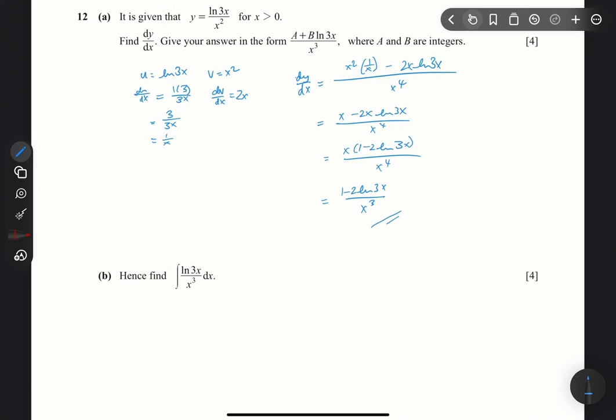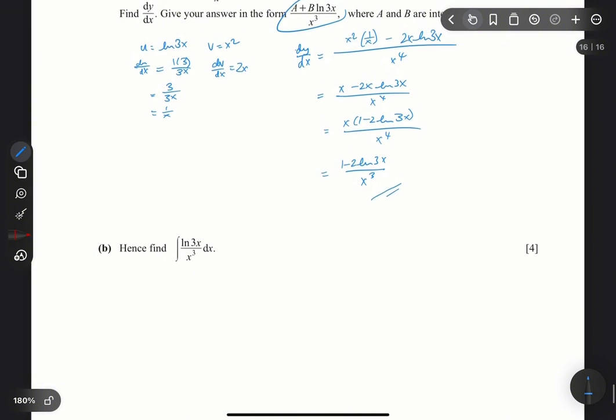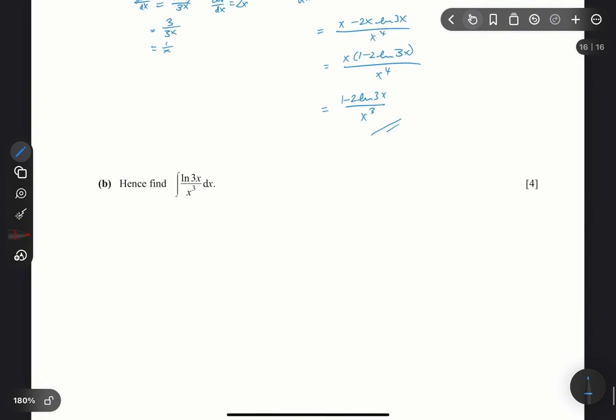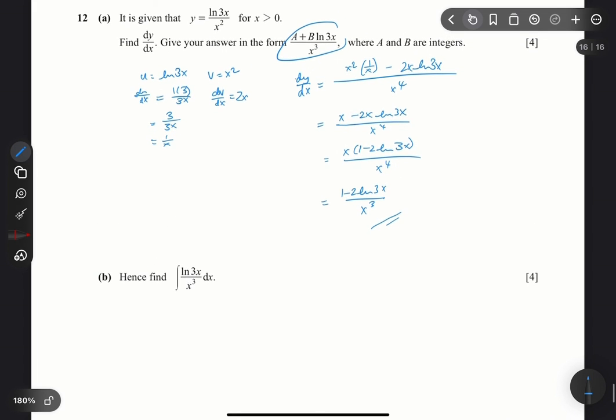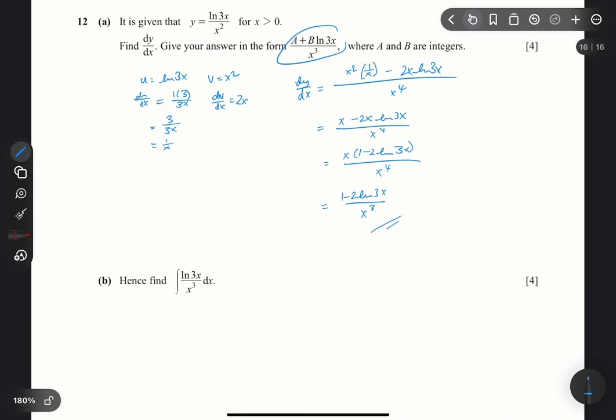Okay, so this is the form that is required in this question, and then hence find the integration of this. Okay, so this is a continuation of part A, and you can use the information you have from the answer.